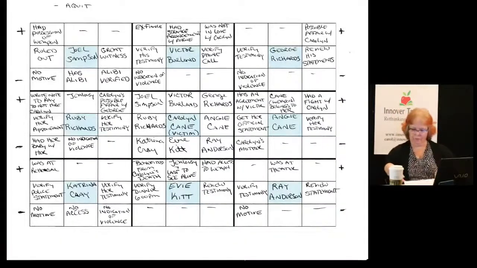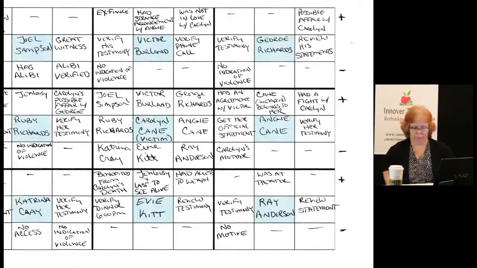So let's look at mine, the way I used it. Okay, so the way I used it is I used it for my victim and for my suspects and witnesses. So in the center here, I have my victim. Victim name is Carolyn Kane. She was the one who was murdered.